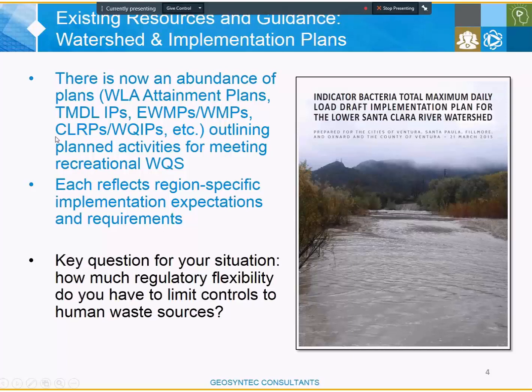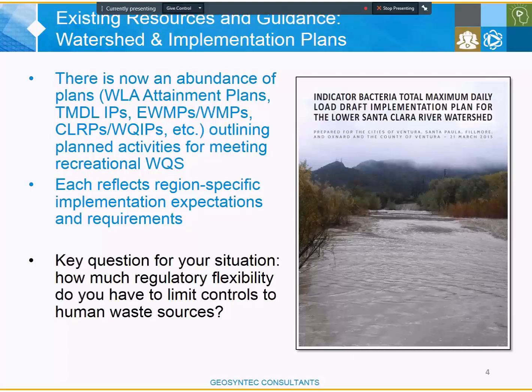And in the San Diego region, there were previously the combined load reduction plans and now the water quality improvement plans. So there are different acronyms and different names in each region, but essentially these plans outline the planned activities that the watershed groups and MS4 agency groups intend to implement in order to meet the recreational water quality standards.